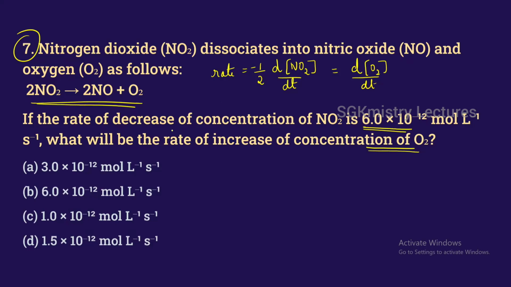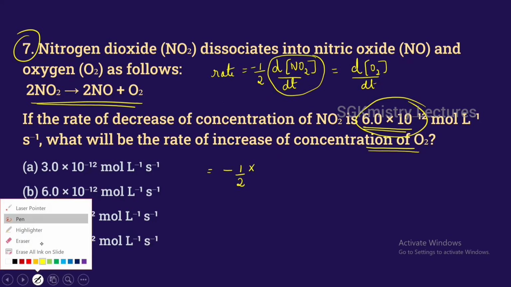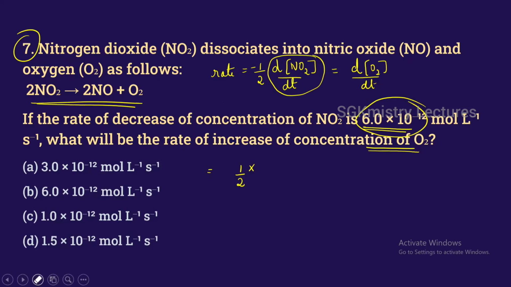Now, the rate of decrease of concentration of NO2 is already given, that is 6.0 into 10 to the power of minus 12. So, let us substitute this value. So, we have half into, since rate of decrease is already given, no need to again take it as minus. So half into 6.0 into 10 to the power of minus 12 is equal to, how much do you have to find out?